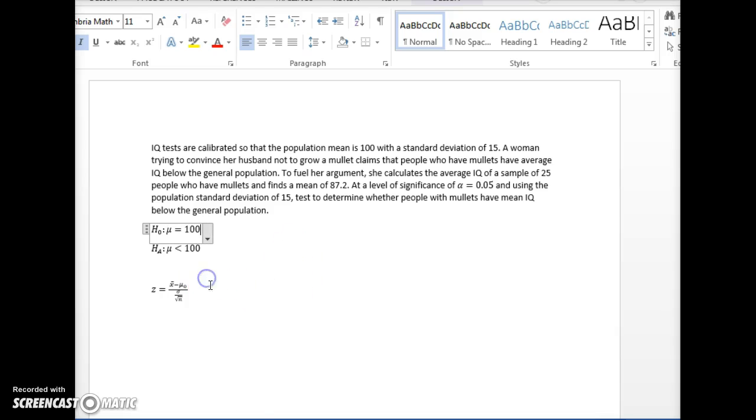So that's pretty simple. Now we can just plug in the numbers to get the Z. We know that our sample mean is 87.2, and our hypothesis value is 100. Our standard deviation is 15, and our sample size is 25.